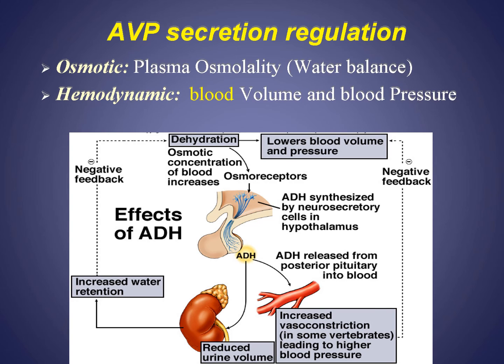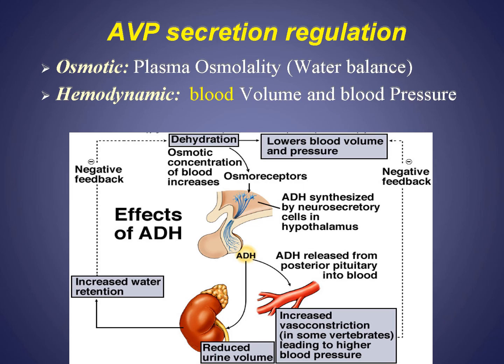On the other side, hemodynamic changes, rapid loss of blood volume or change in blood pressure, will again stimulate AVP secretion. Suppose you have a child who is in hypovolemic shock due to an accident and loss of major blood volume.